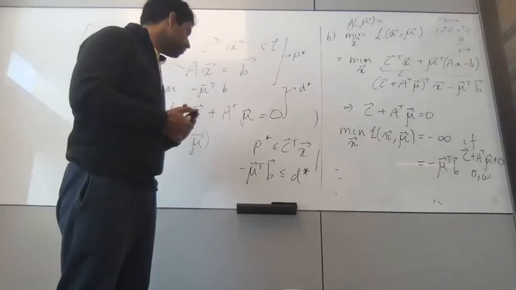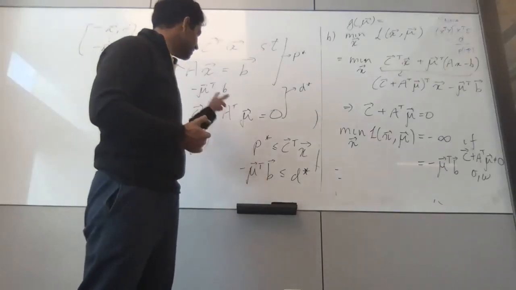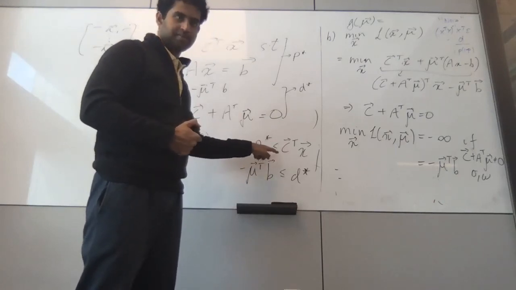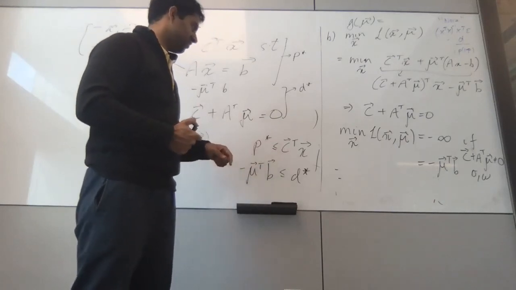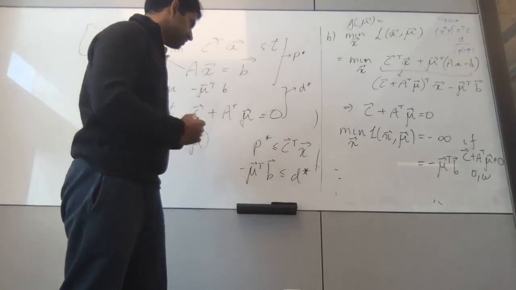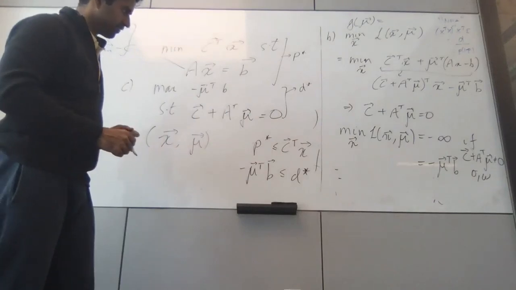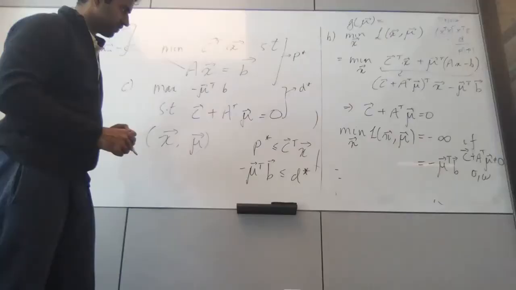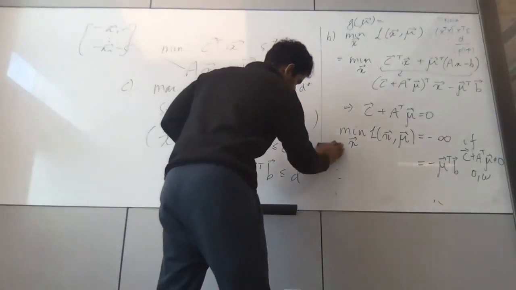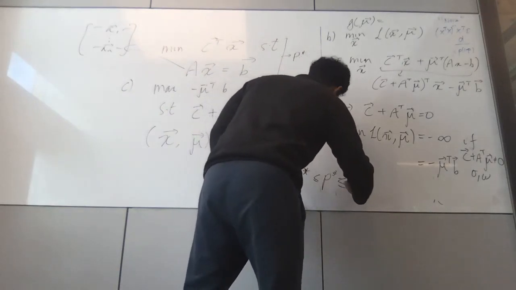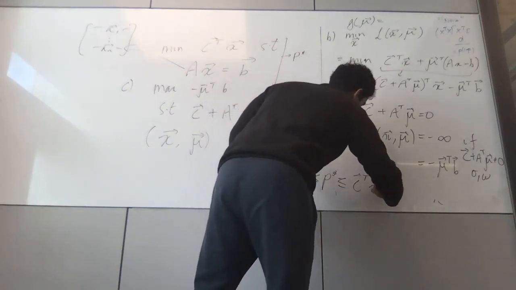And then if you were able to plug in these values for mu and x, and you were able to see that they were close, then you could automatically stop, right? Because you know that D star is less than or equal to P star, which is less than or equal to C transpose X.